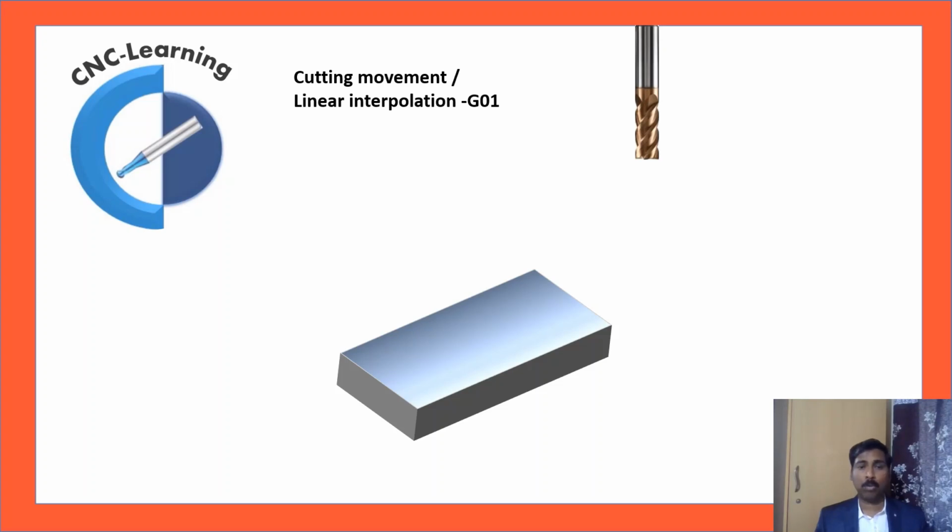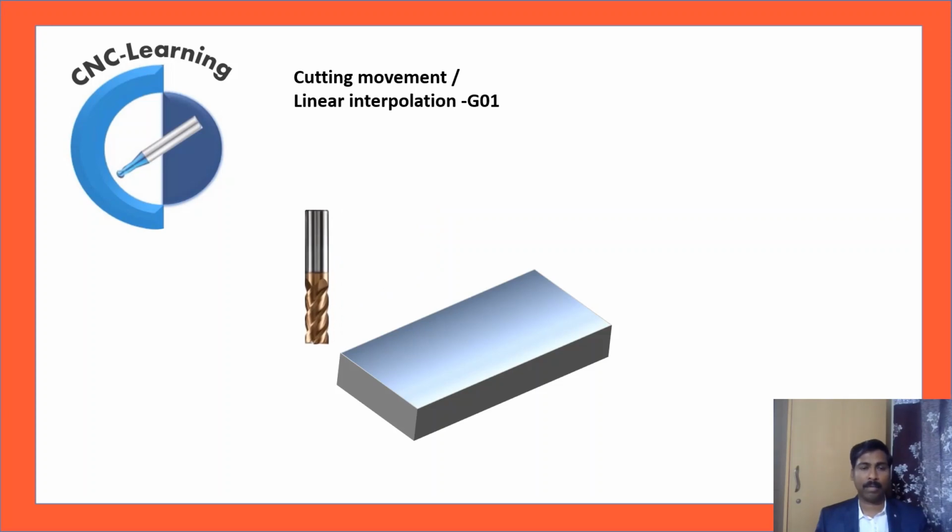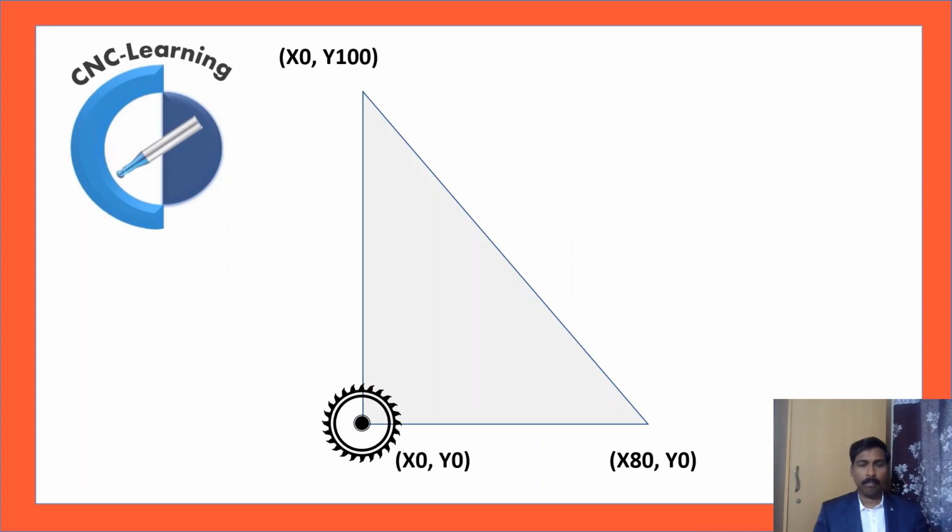Now we'll see the cutting movement. Linear interpolation G01. First the tool is positioned in rapid and then it moves with feed rate to make the cut. Horizontal movement. Here you can see 3 points are defined by coordinates. This coordinate is x0, y0. This is x80, y0. This is x0, y100.